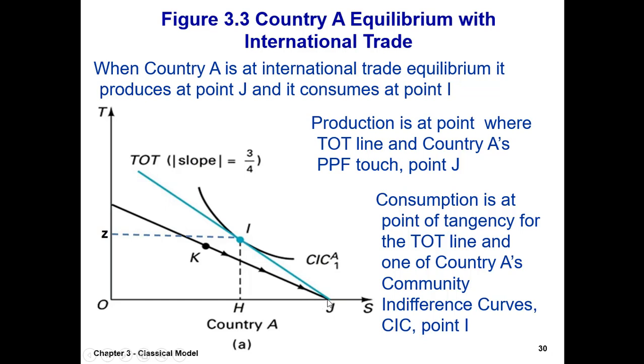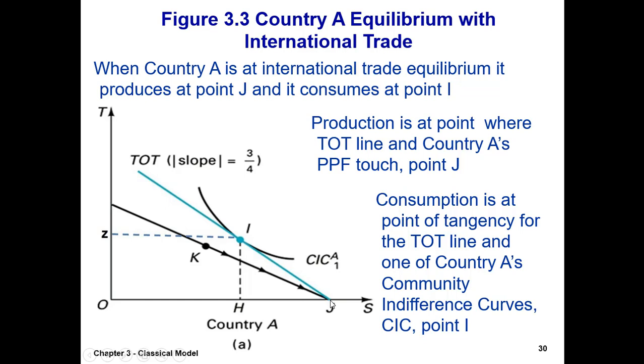Couple things. One, production is always on the production possibility frontier, even though it's with trade. So this point or that point is where they completely specialize, which is where they have comparative advantage. You'll know where that point is from just one graph because that's where the trade possibility line will start from. So just looking at this graph, if you didn't read anything else, you would know that country A has a comparative advantage in soybeans.